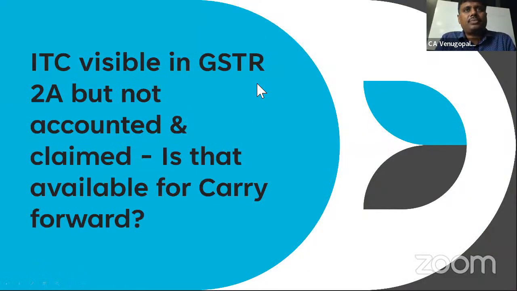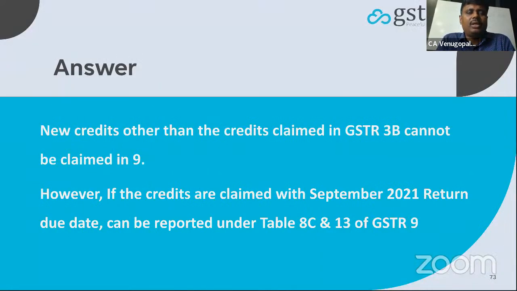Next, ITC is visible in 2A but not accounted and claimed. Is that available to carry forward? The answer is yes. However, you cannot report it in table 6, report it in table 13 and 8C. Reporting of amounts in the correct head is very important.